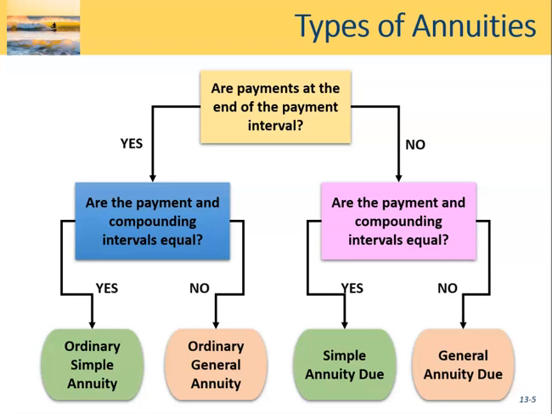But if they're different, if the payments are made monthly, but it's only being compounded semi-annually, then it's a general annuity due. Okay, so it follows the same pattern as previous, where it's either an ordinary simple annuity or an ordinary general annuity. Now it's a simple annuity due and a general annuity due.